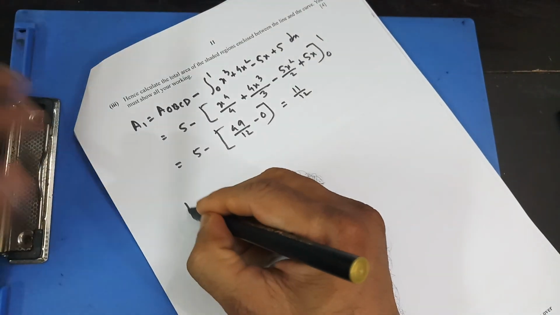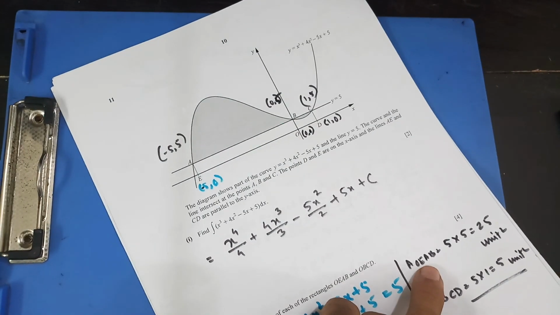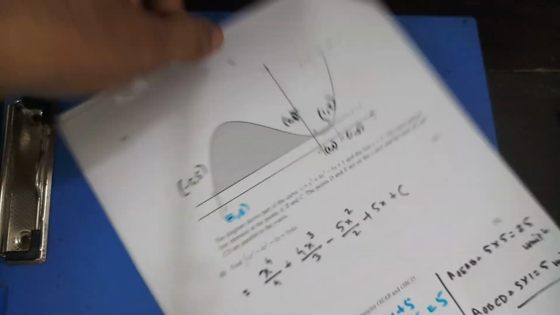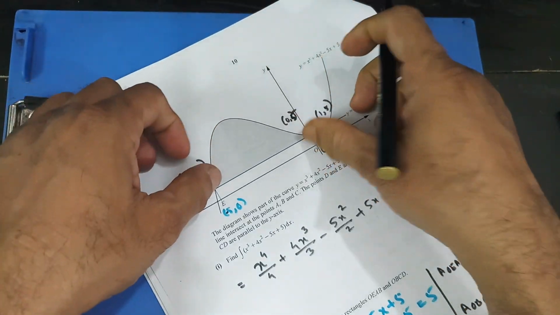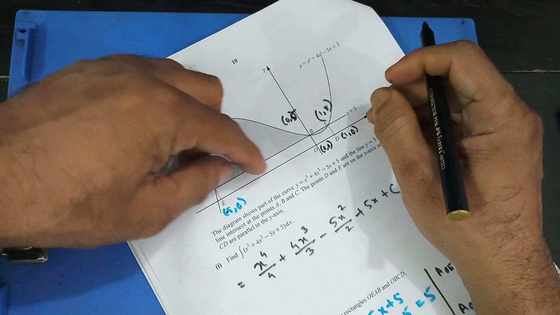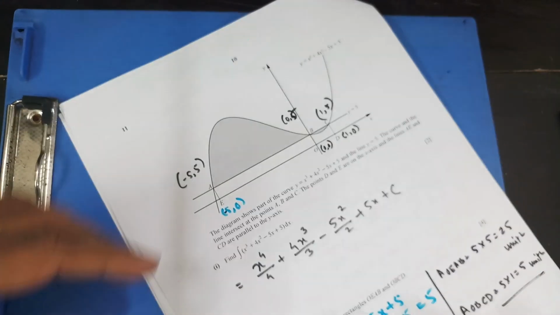Okay. Now area 2 is going to be the area of rectangle OEAB. Now look at this OEAB. If I integrate that, I'm going to get the area under the graph. So the whole thing, and from that I'm going to subtract the rectangle over here. So this is completely opposite.